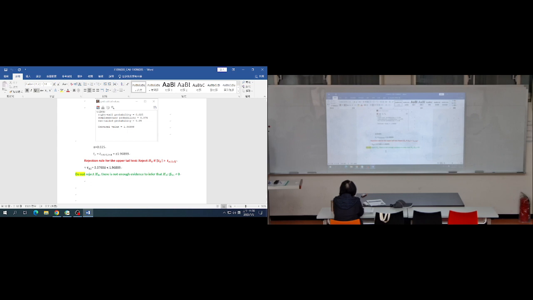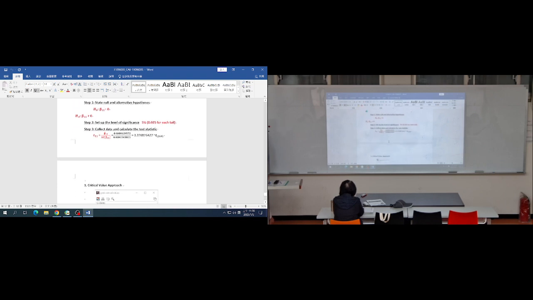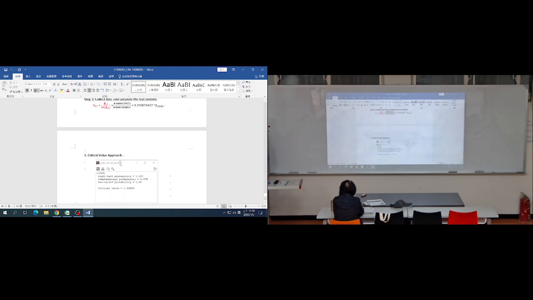And what does that mean? Because the value we get is greater than this one, 0.37. And what does that mean? What do we mean by do not reject the null hypothesis?